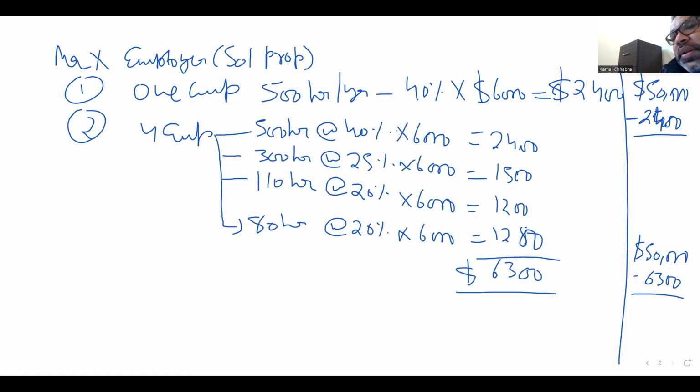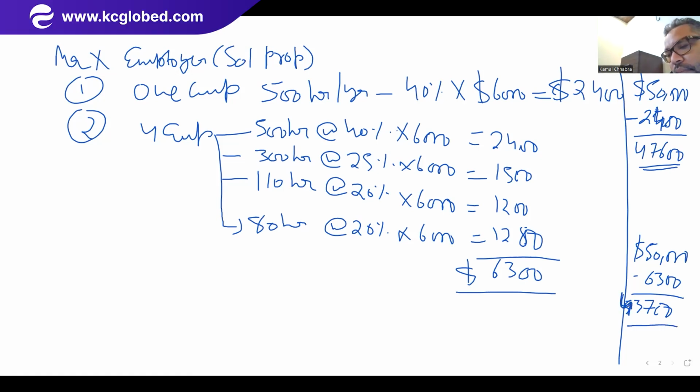How much is the salary expense? 50,000 minus 2,400, 47,600. And what is this? This is 43,700. Have I done the math right? Yes. Right. So your expense in P&L should be this for tax purposes in your tax accounts.